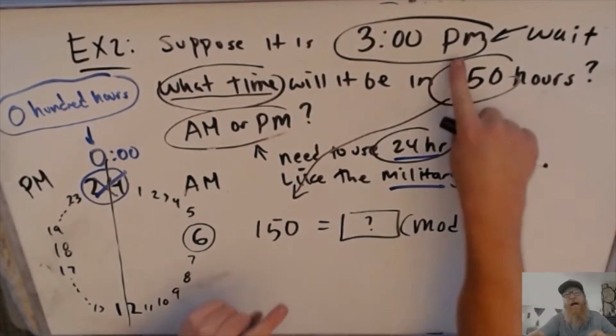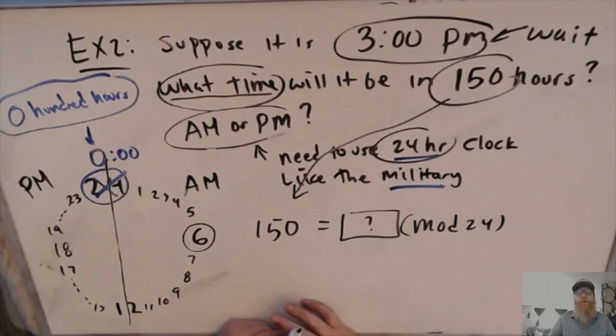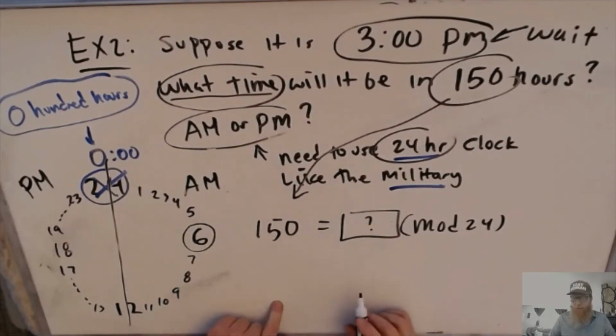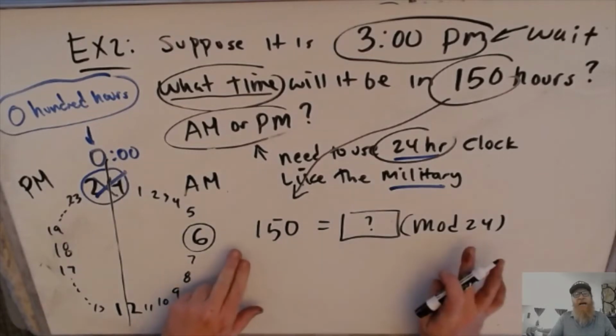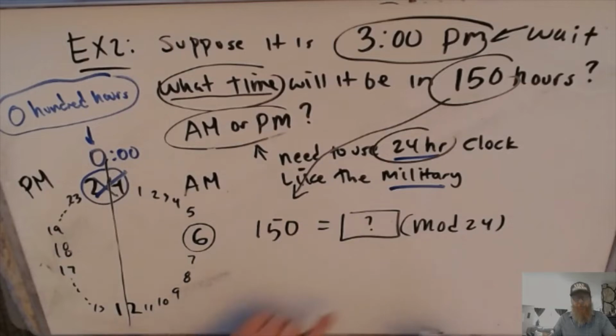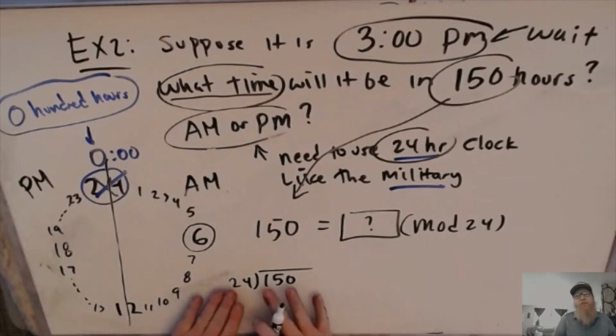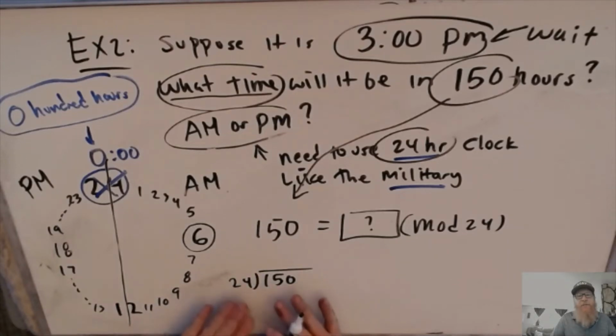Then we can go back and look at what happens at 3 o'clock. Okay, let's first figure out what 150 hours is, mod 24. So we're going to divide, and then we're going to put the remainder right here. So 150 divided by 24. Again, don't use your calculator because your calculator will just give you a decimal.